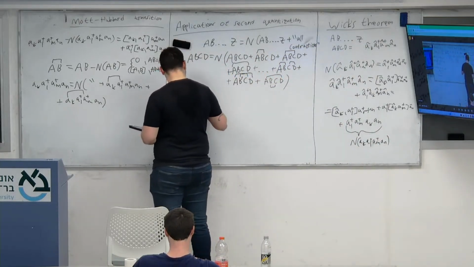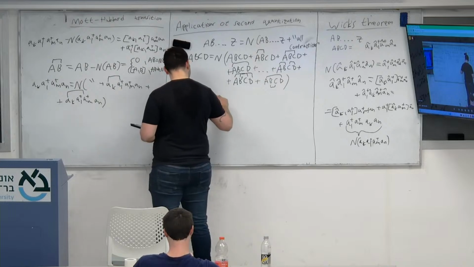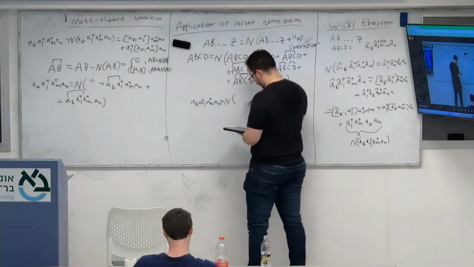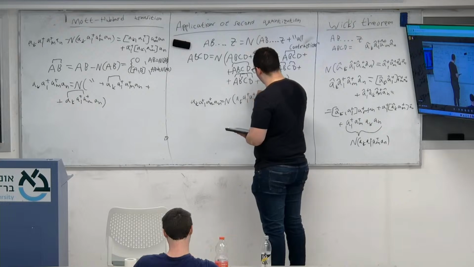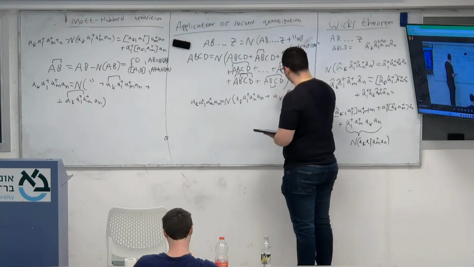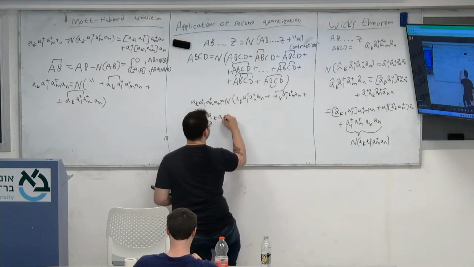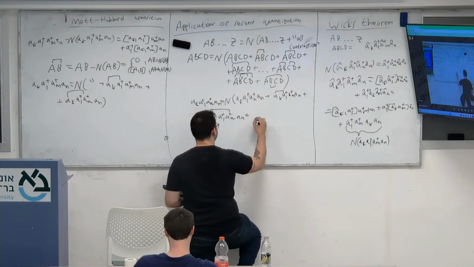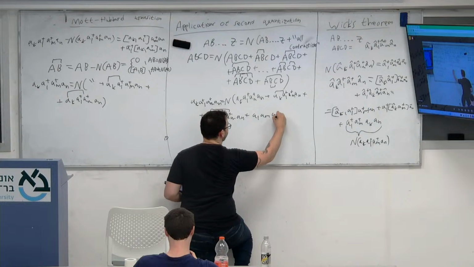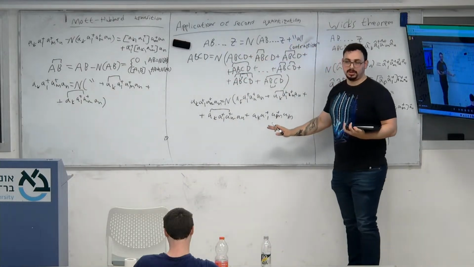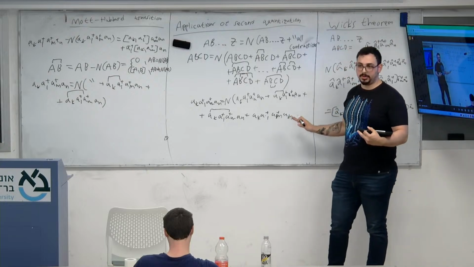So, A_K, A_L dagger, A_M dagger, A_N equals the normal order of A_K, A_L dagger, A_M dagger, A_N plus the first contraction, plus the next contraction, and so on. Instead of writing all the terms, I'll go one by one, because all the extra terms will zero out. So I'll just go one by one and we'll see that they zero out.